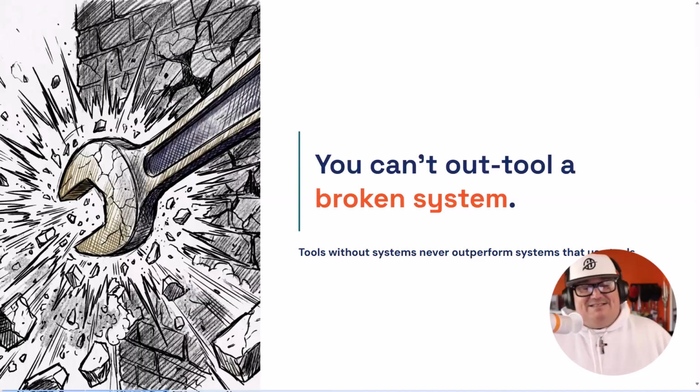This is a system problem that started long before AI ever showed up on the scene. AI just exposed it, because when you point a faster tool at a broken process, the process does not get better. It gets faster at producing broken output. And so tools without systems will never outperform systems that use tools.